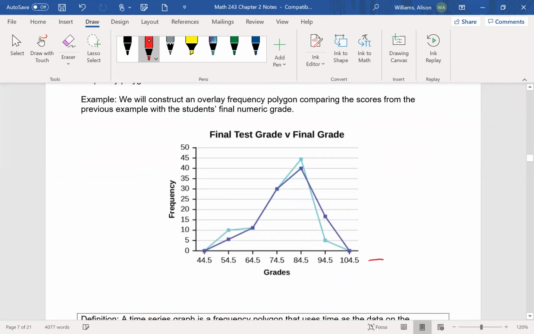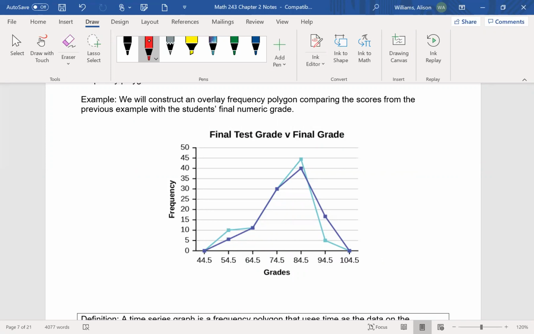And I wanted to point out he used the other midpoints that we talked about based on the fact that he didn't go to 60, he went to 59 and so forth, okay? So the dark blue line is just like the one we did, and the lighter blue line is the final grade in the class. And you could see they're very closely mapped together. So you can kind of get an idea that their score on the final kind of connects to the final score they're going to get in the class.